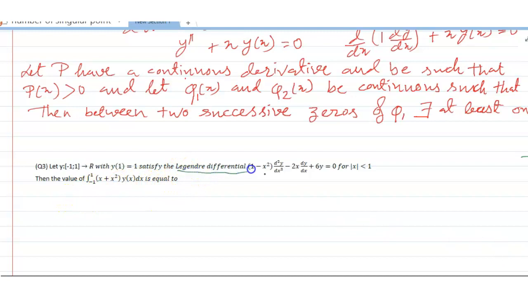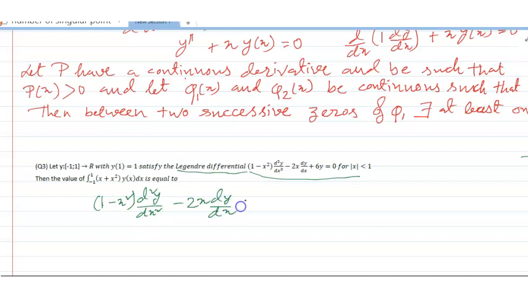The Legendre differential equation: (1 minus x squared) d²y/dx² minus 2x dy/dx plus 6y equals 0. This problem is also a very interesting problem.